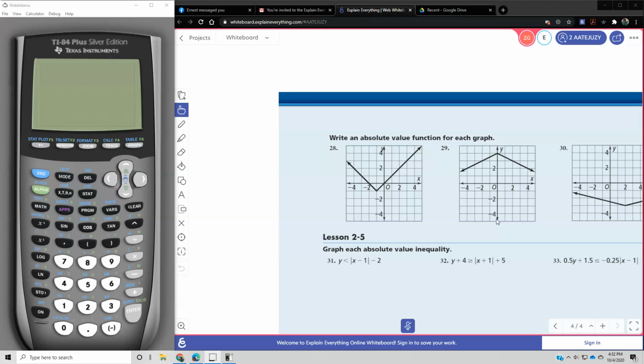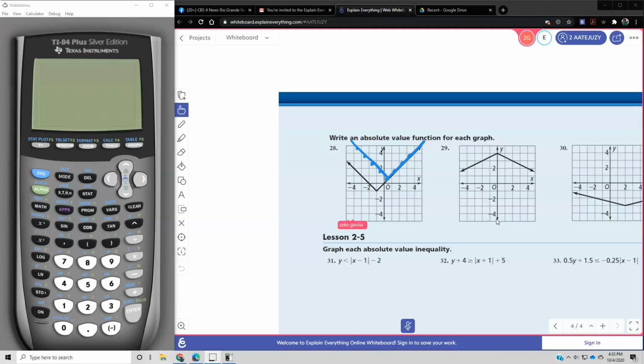I'm going to draw the parent function. You notice that the vertex is at 0, 0, of course, and we know now the new vertex is at -1, -1. So what actually happened?